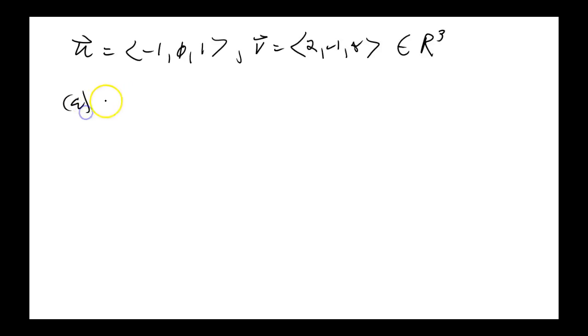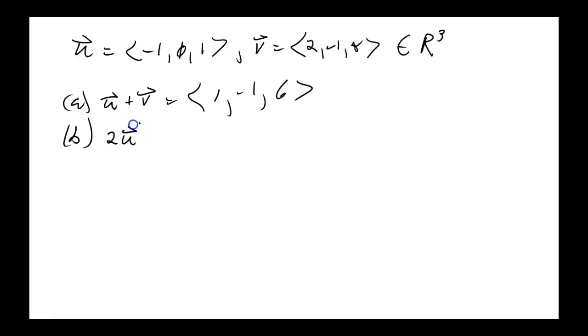A is U plus V. What would that be? 1, negative 1, 6. Done. B, 2U. That would be negative 2, 0, 2. Got it. Okay.